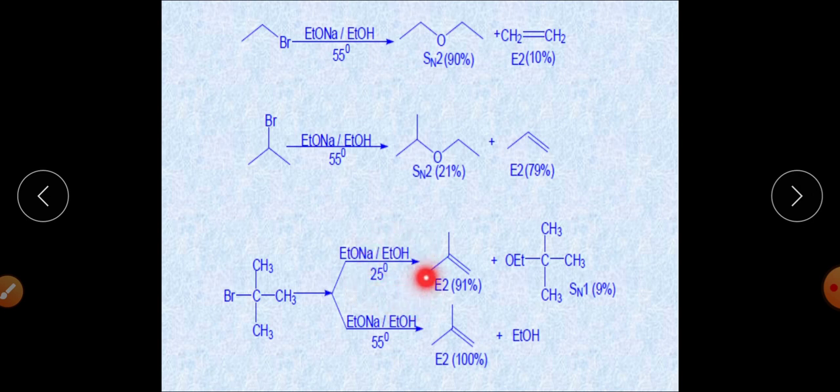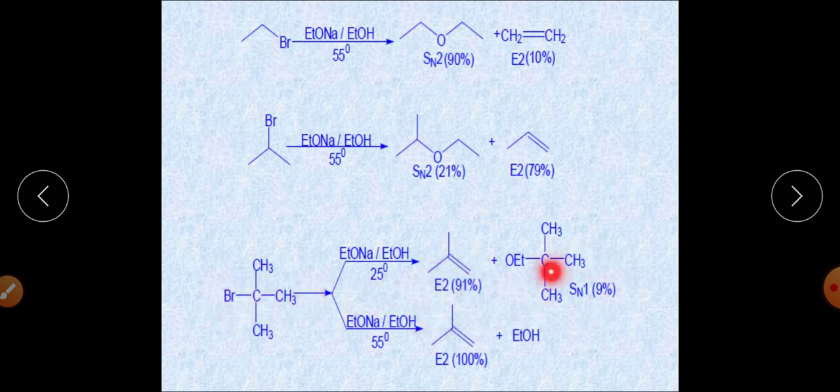When the temperature is low, you can see that a little bit of chance is there in which Br negative can be eliminated out and C positive can be synthesized at this particular carbon. And when this is formed, the base will abstract the hydrogen. This is the case of E1 reaction.